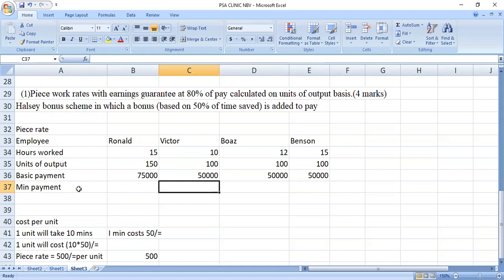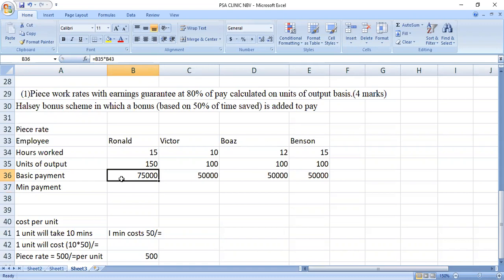Okay, so let's see how it applies. For minimum payment, what they're calling the guarantee, they're saying it is at 80% of pay calculated on units of output basis. So this one is straight. You need this basic payment, which of course is the pay calculated on units of the output basis.